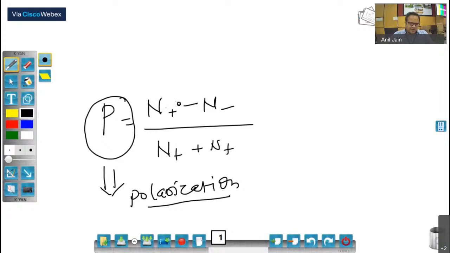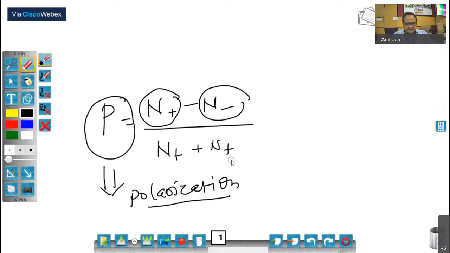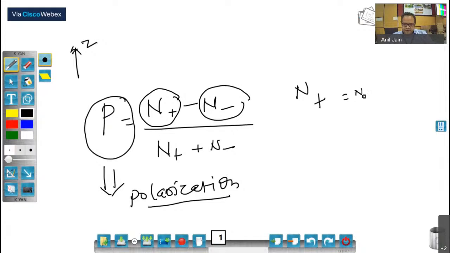So n plus is the number of spin up neutrons, n minus is the number of spin down neutrons, and n is equal to n plus plus n minus, the total number of spins. What we are assuming right now is that we are applying a magnetic field along the z direction, so we are taking the neutron spin polarization along the z direction.